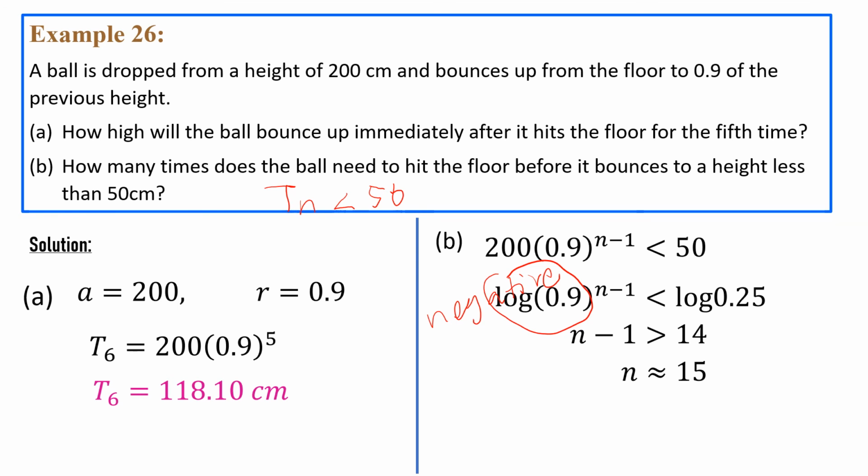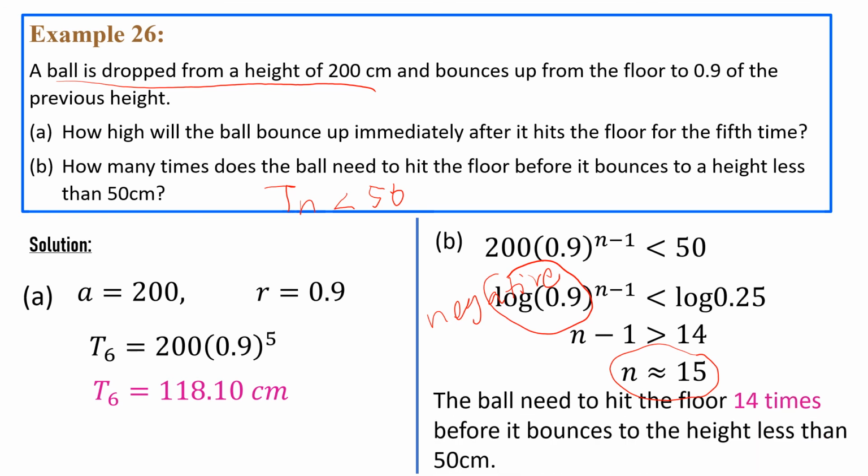But remember, n equal to 15 here is included when the ball is dropped from the height of 200 cm. Therefore, the ball needs to hit the floor 14 times before it bounces to a height less than 50 cm.